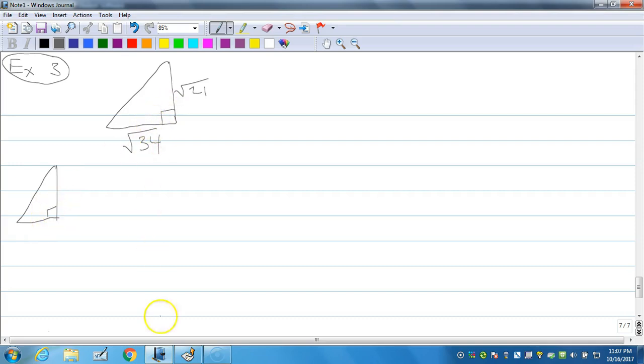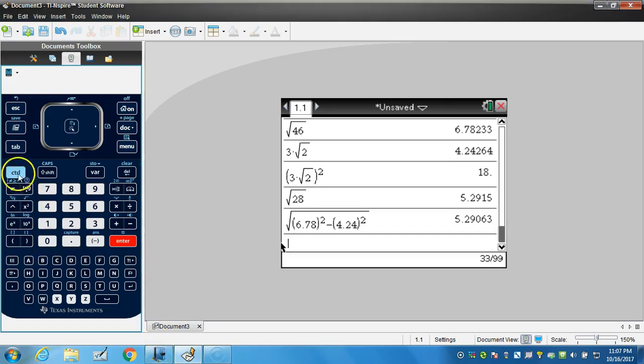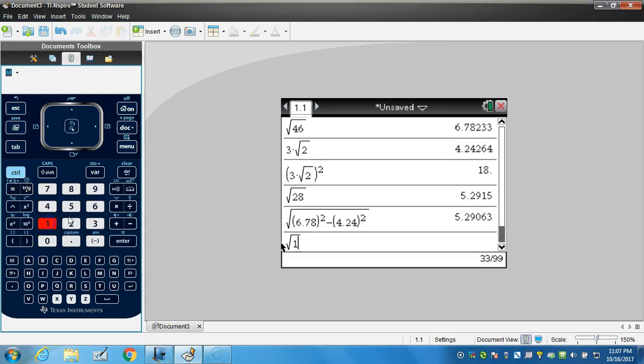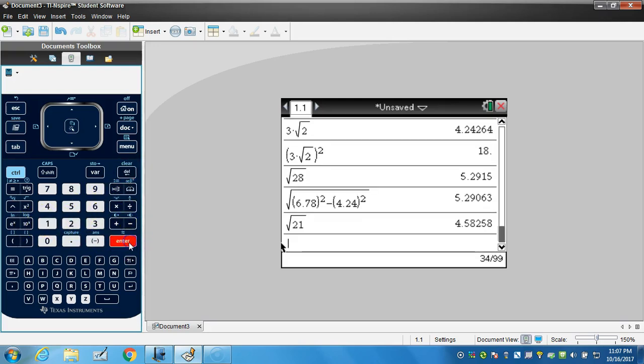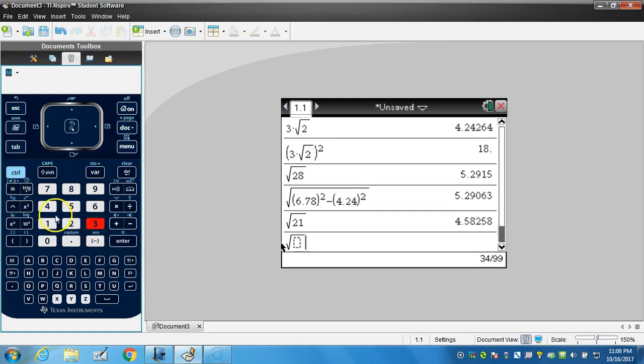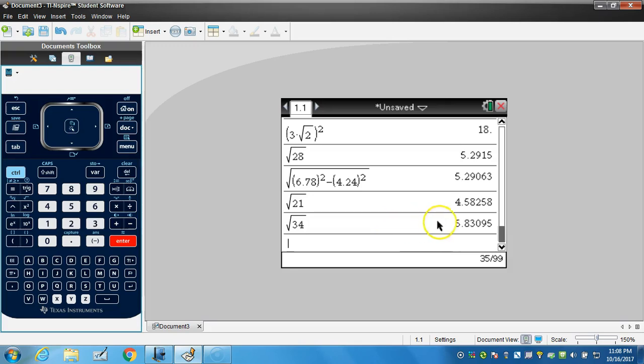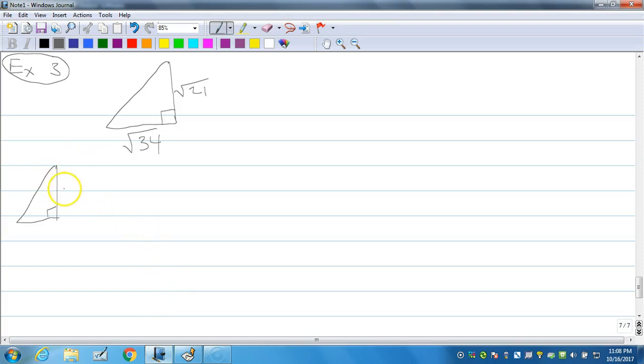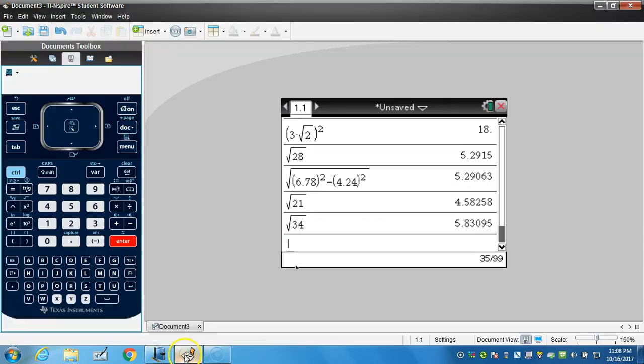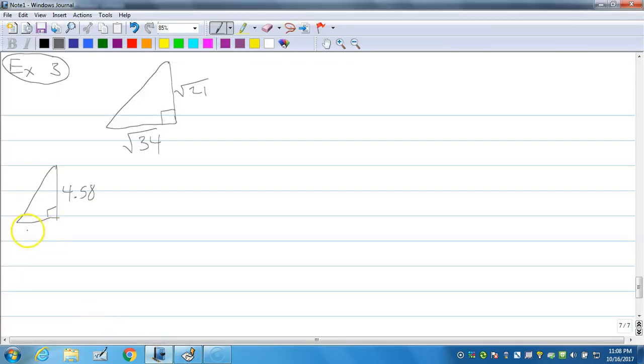Because we don't want this, we're going to change it to decimals. 4.58 and 5.83.